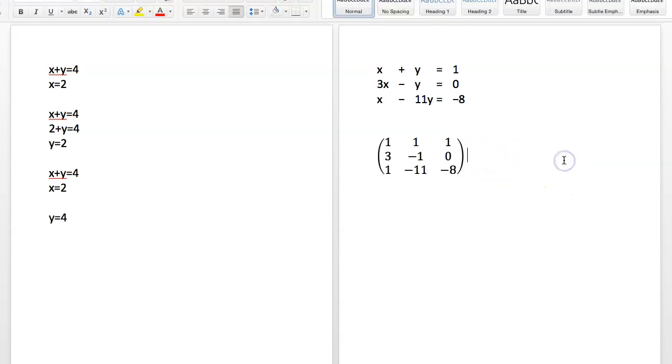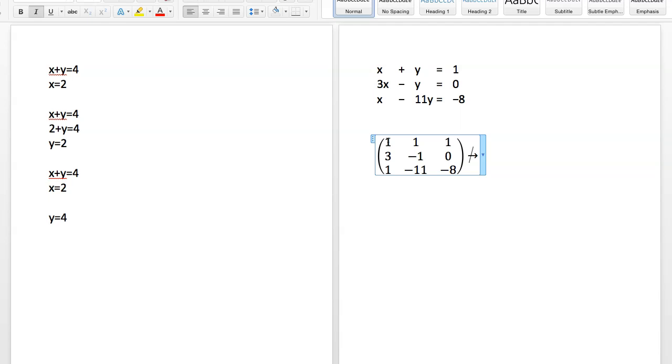So I want to echelon this guy. So what I want to do is I'm going to draw an arrow, and then I'm going to Control C, and what I want to do. I tell you what, you see this one, I'm going to do row 2.